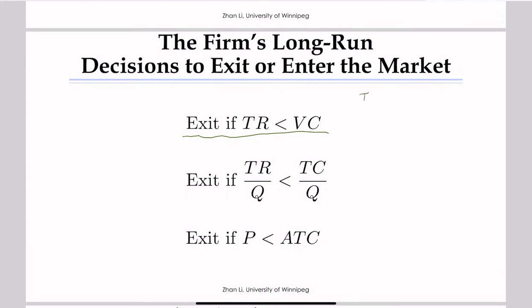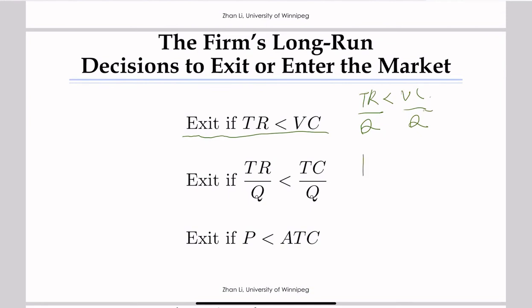Again, we could do some mathematical manipulation. So if total revenue is smaller than variable cost, then total revenue divided by quantity is smaller than variable cost divided by quantity. And now, what is total revenue divided by quantity? Well, again, it's average revenue. And we know that in a competitive market, average revenue equals price.